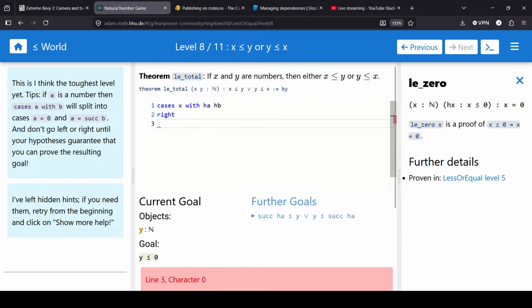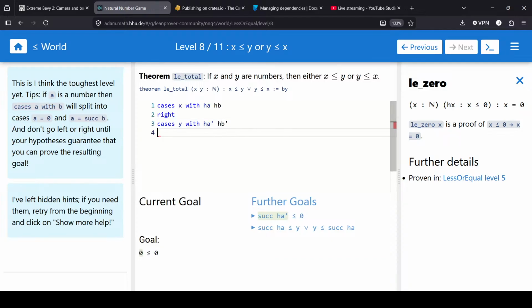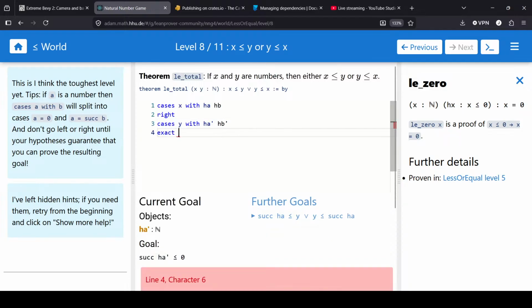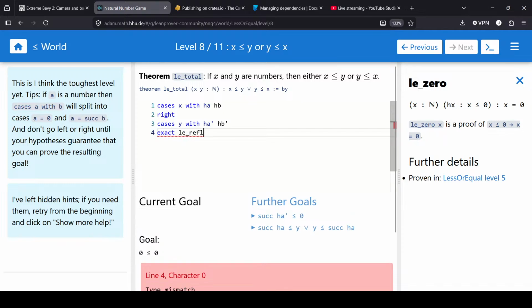Like, I was doing this earlier, wasn't I? Oh, no, that's my goal. Okay, so this one I can exact LE raffle, I think. No?